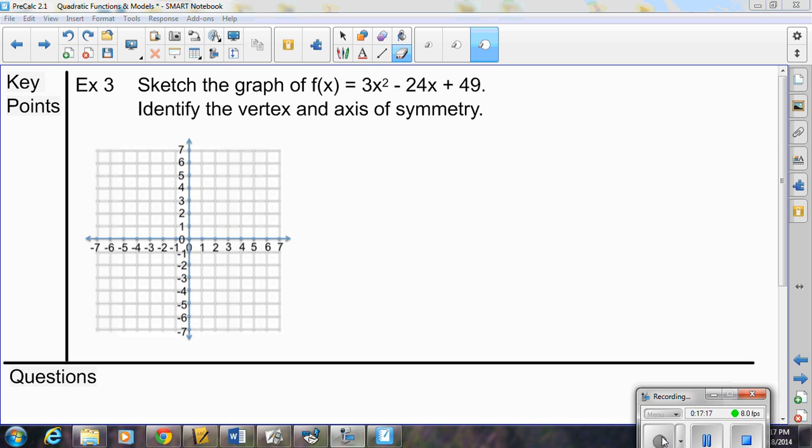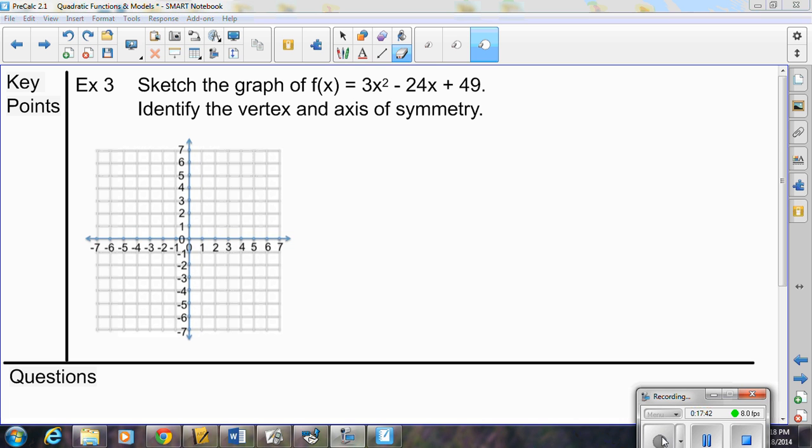Now for our example 3, we have a couple different pieces. First, sketch the graph of f(x). Then we want to identify the vertex and the axis of symmetry. Now if we wanted to, we could create an x-y input-output table, plot a bunch of points, and get the graph. Completely valid technique. I don't want to do it that way.